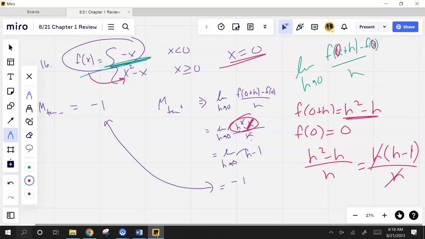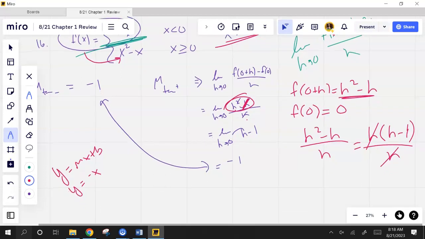So if that's a line, think mx plus b. So if I have y equals negative x, what's the slope of that line? Slope is m. Close. Negative 1.